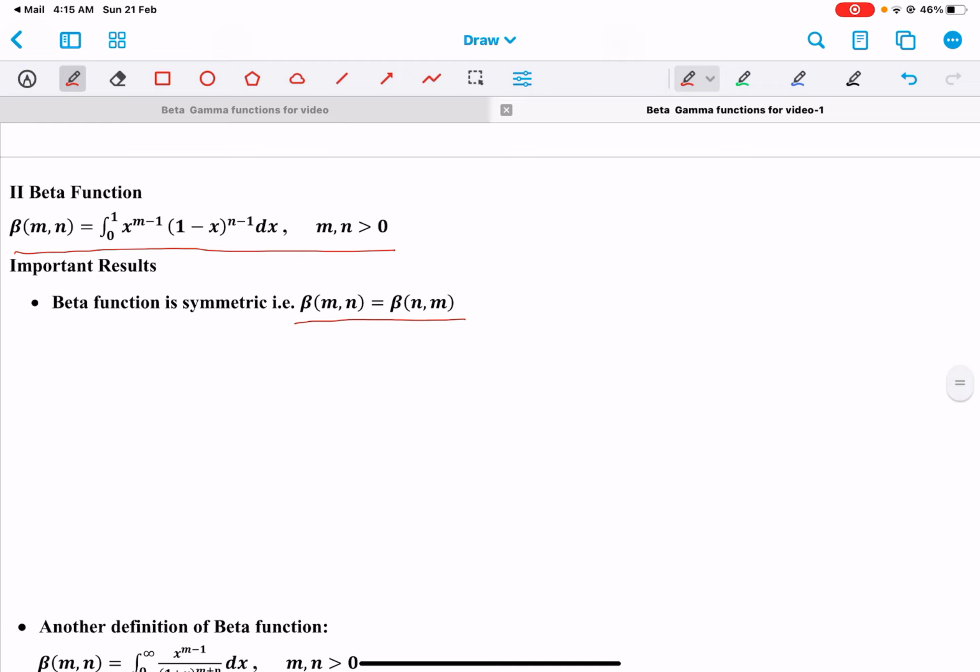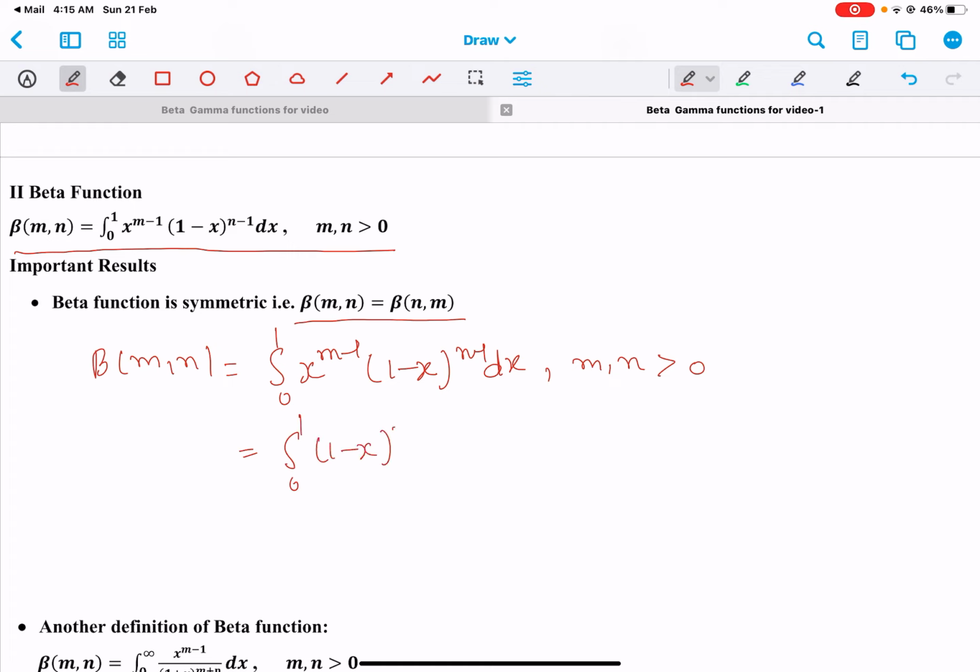How? So we have beta mn equal to integral 0 to 1 x to the power m minus 1 into 1 minus x to the power n minus 1 dx. By definition, this may be written as integral 0 to 1 1 minus x to the power m minus 1 into 1 minus x to the power n minus 1 dx. Why?